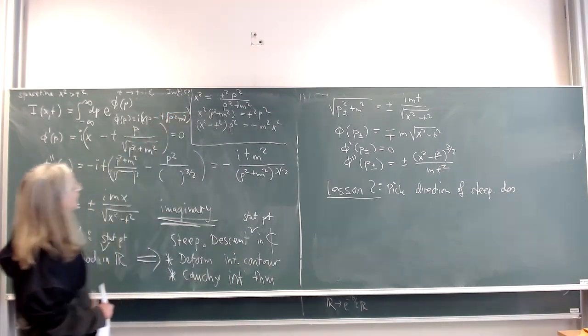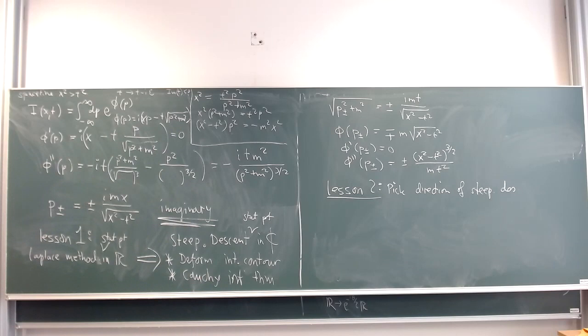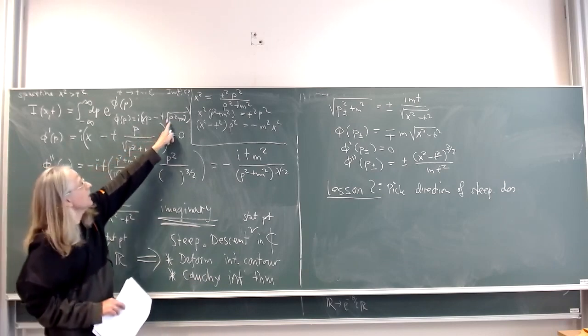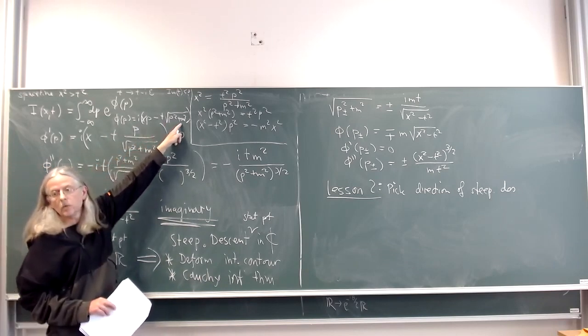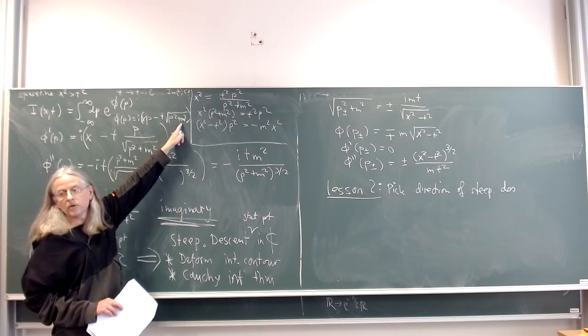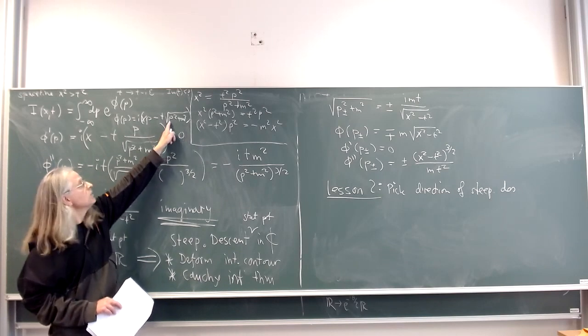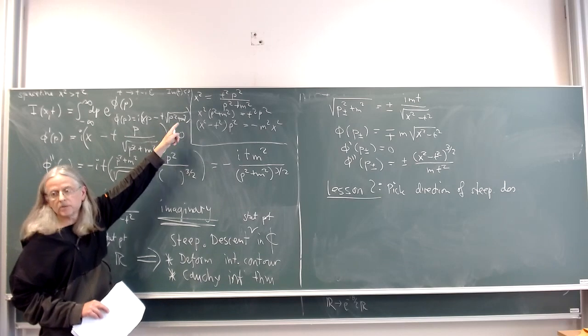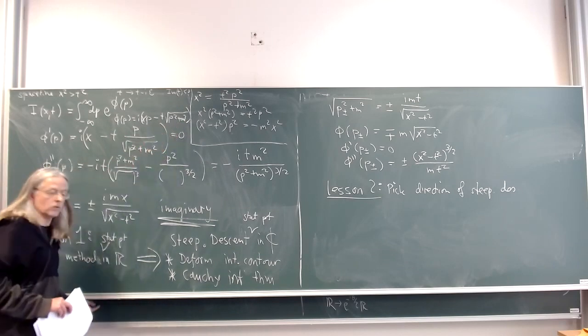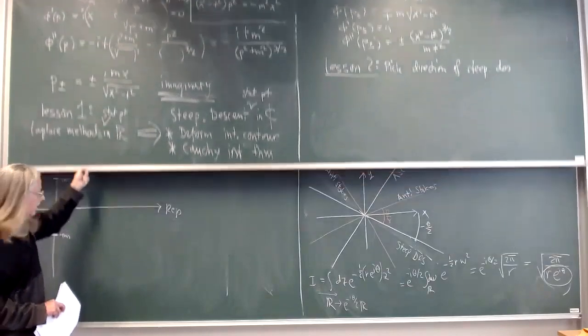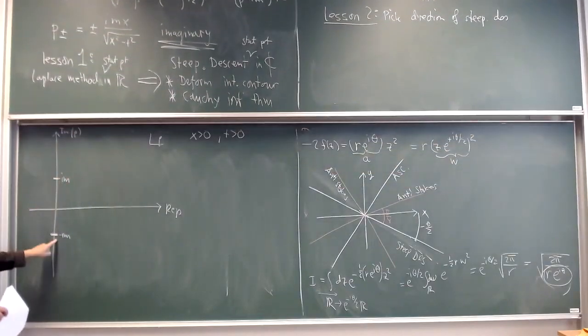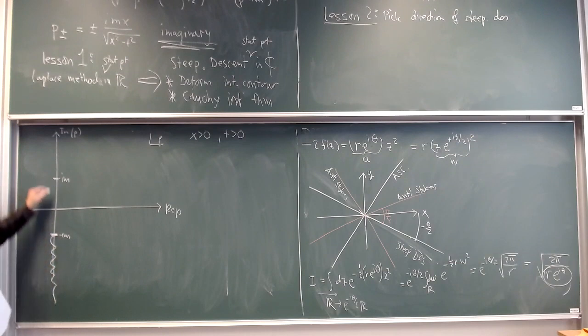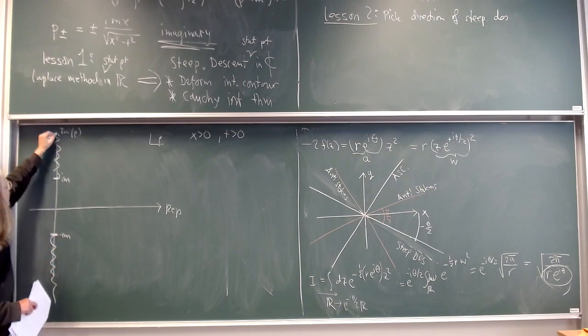That's the function we are analyzing in the exponent. There is a square root here, and it has branch points where p squared becomes minus m squared. So there will be a branch cut here, and we put the branch cuts here and here.